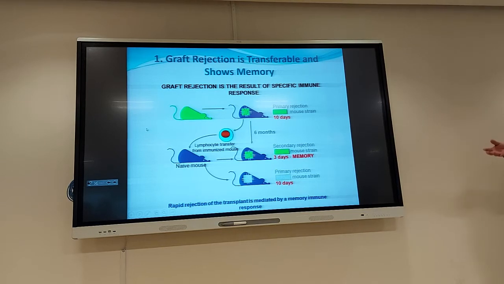So what the immunologists did was they went into collaboration with animal breeders to generate identical clones of mice, identical strains of mice. What they do is they mate a male and a female mouse, and from the progeny they mate the brother and sister. That progeny, they mate the brother and sister, and they do this over 50 generations.